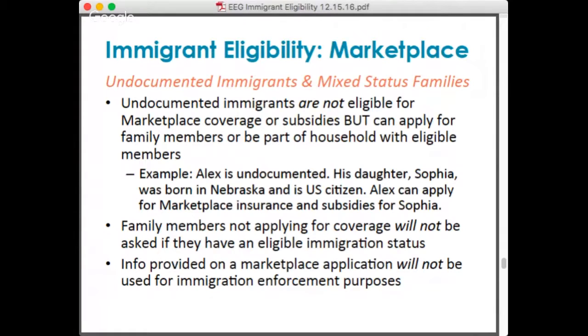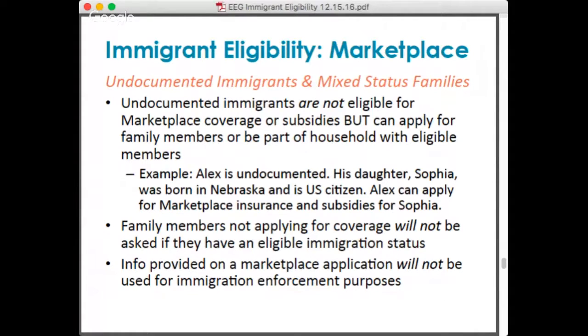So that is something that people can take comfort in, knowing that they can apply for the members of their family that are eligible or that may be eligible, and not be asked questions that are irrelevant to that person's application, and that information will only be used for health insurance purposes and not other purposes.